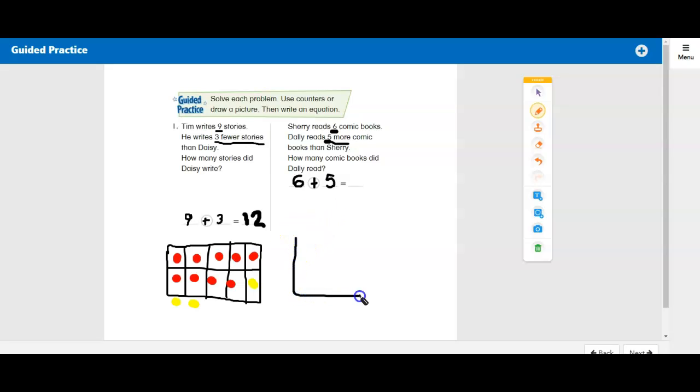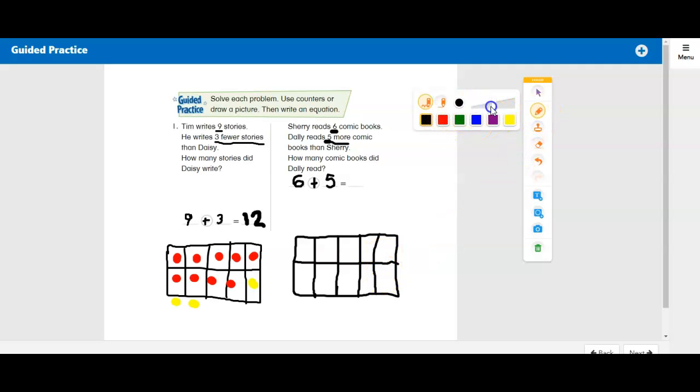I'm going to draw another tens frame at the bottom. So make a rectangle, draw a line, and count by 2s. 2, 4, 6, 8, 10. So I am going to fill it in using my pen.